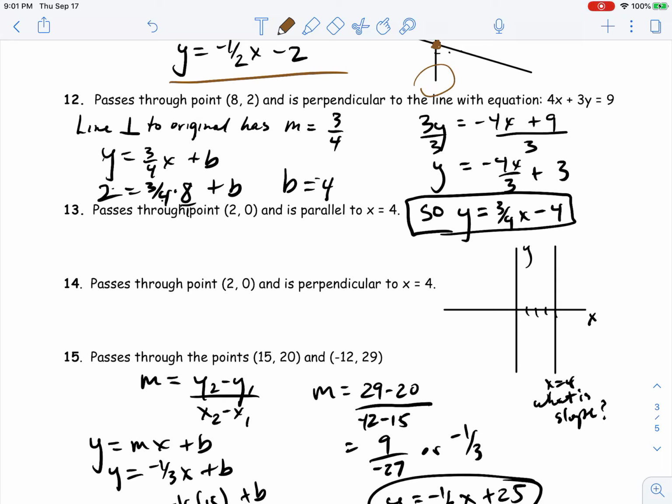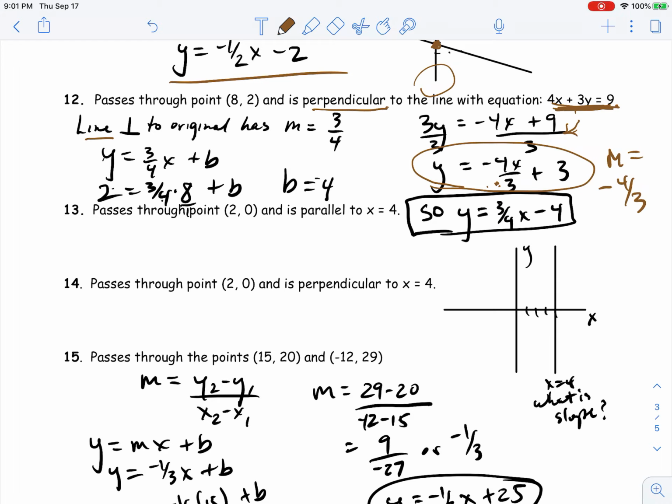Just want to remind you that when you have a line that is perpendicular to something, what you do is you start solving this equation like I did here. You find out what that equation looks like in slope-intercept form, and then you say, okay, the slope of this line is -4/3, which means any line that's perpendicular to it has the negative reciprocal.